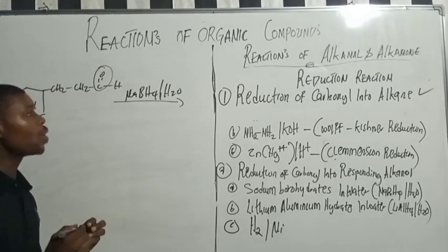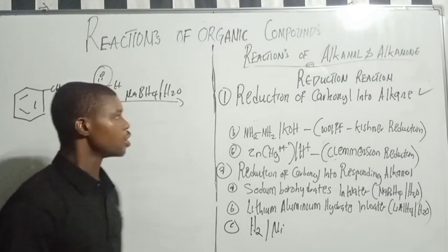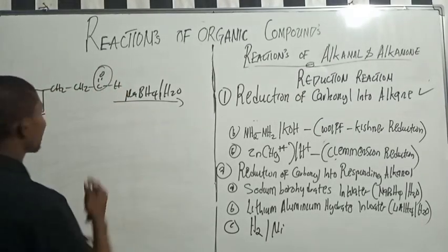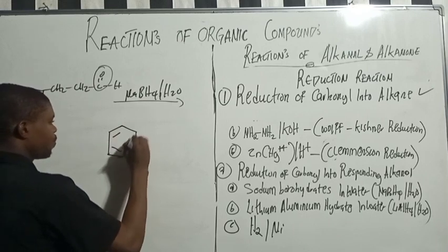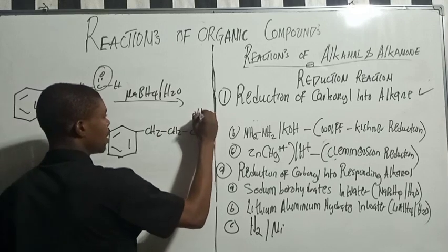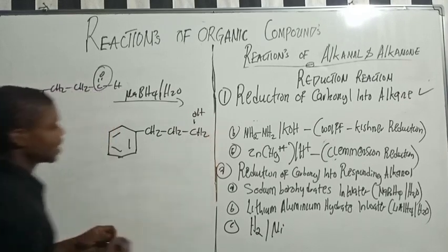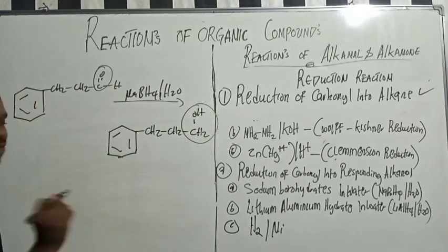Because when we talk about a reduction reaction, it means addition of hydrogen. So this one here will go to an alkanol. This is what we want to get as the product: CH-OH, CH2. Can you see that? So you can see that this carbon here has been reduced to an alcohol. It's very important.